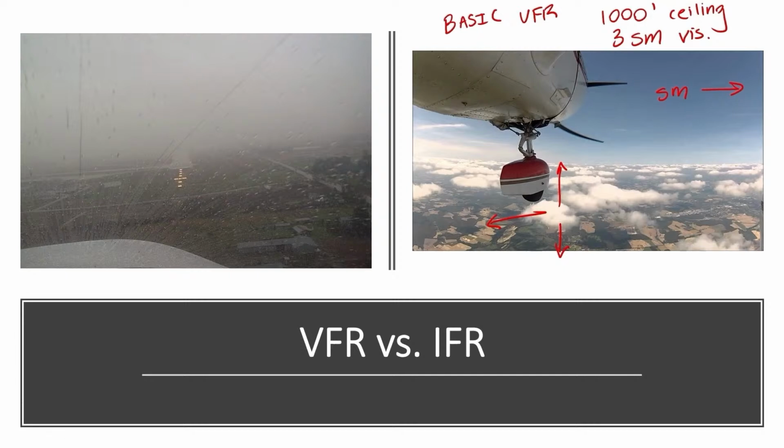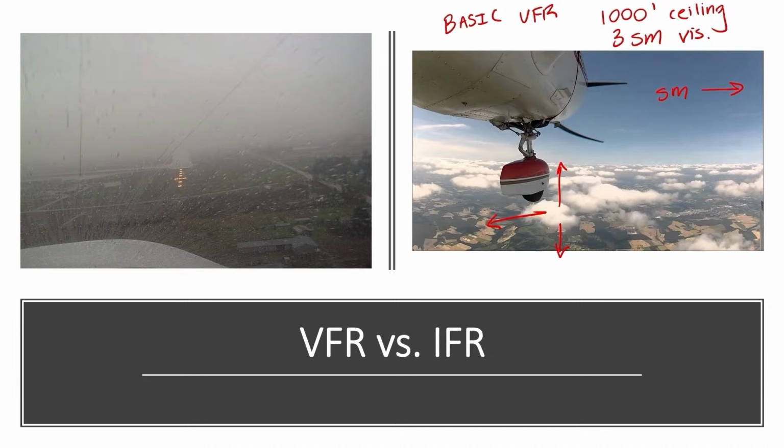So IFR is kind of the next step after your private pilot license. We call that the instrument rating, where it allows you to fly in or under the instrument flight rules. And it basically allows you to get in and out of airports in the conditions that you see on the left, which is probably going to be IFR. So even moderate rain can reduce the visibility below 3 statute miles.